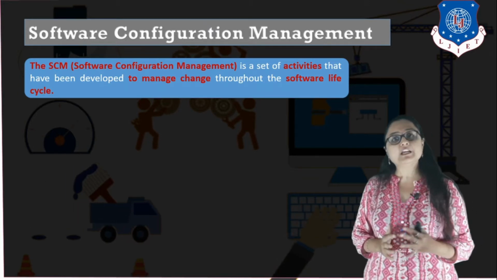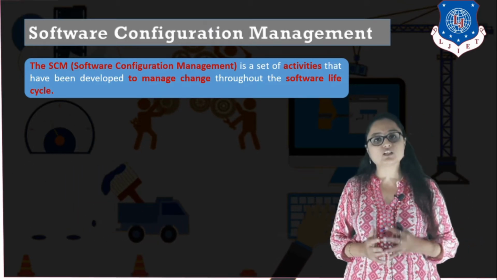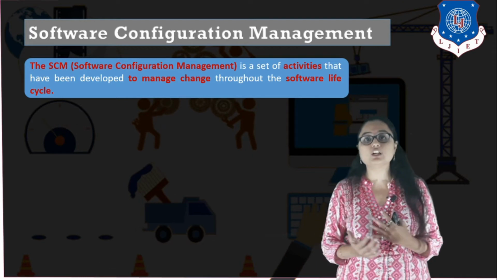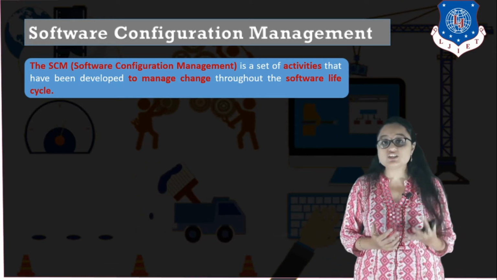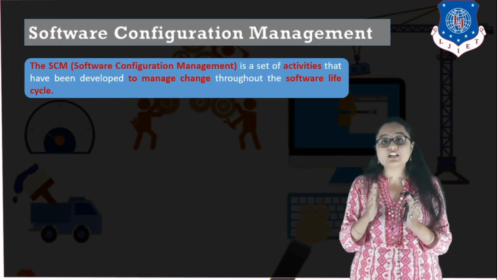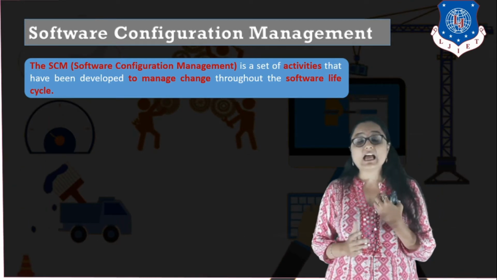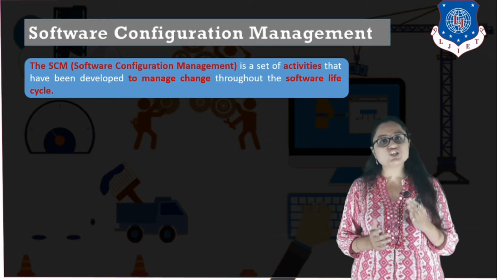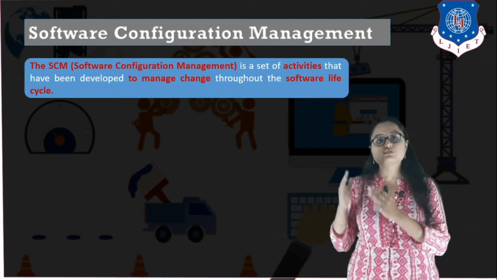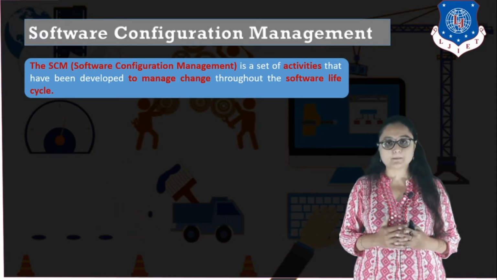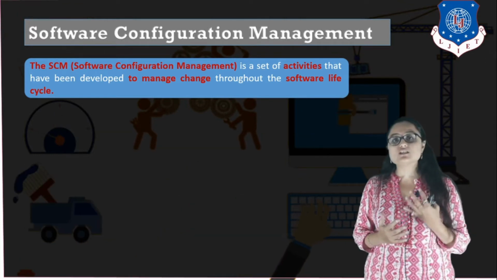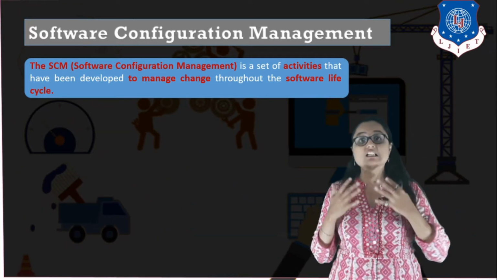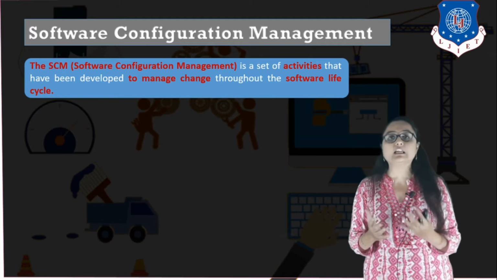Now what do you mean by software configuration management? Software configuration management, shortly known as software change management, is basically a set of activities that have been developed in the software industry to manage changes throughout the software life cycle. Okay, so we know that change is the only constant thing and changes in software are inevitable.